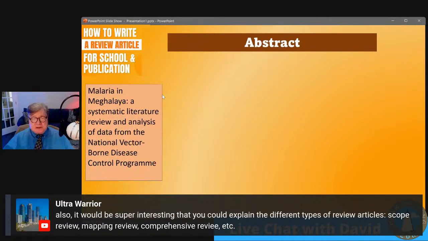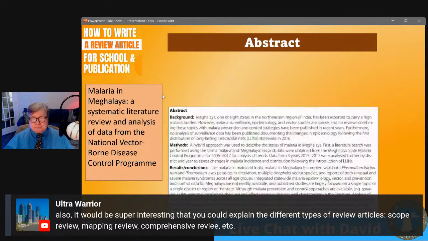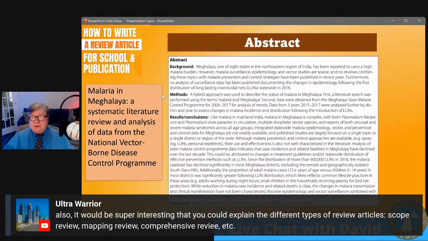Okay, here's our sample abstract. Again, here's our title, Malaria and Meghalaya. Now, you notice a couple of things about this abstract. It is, one, reflective of the main divisions of the article that it is abstracting. It's also divided into chunks.